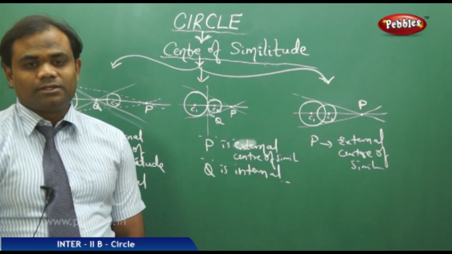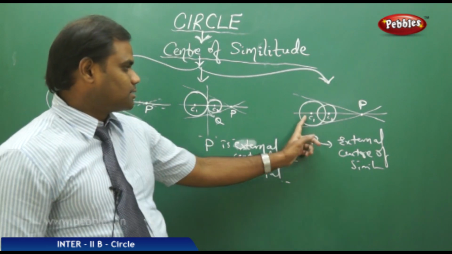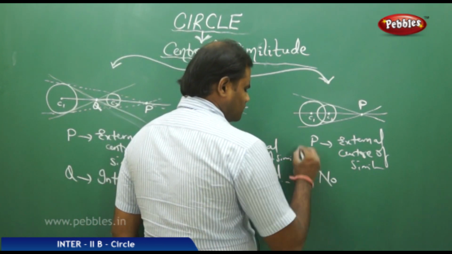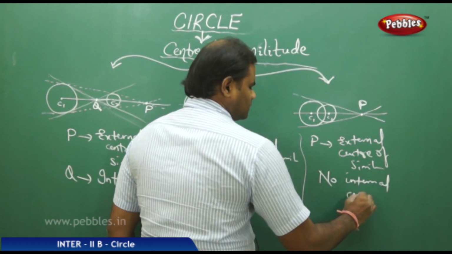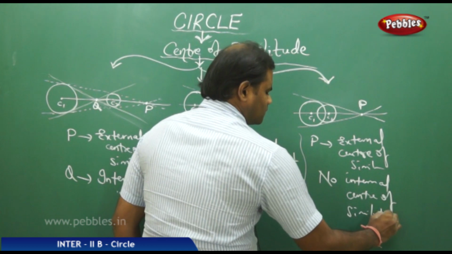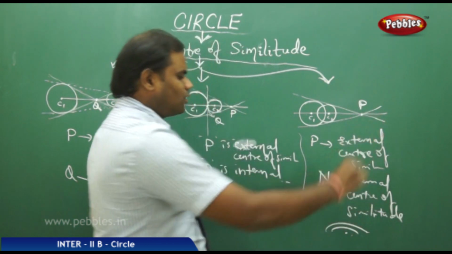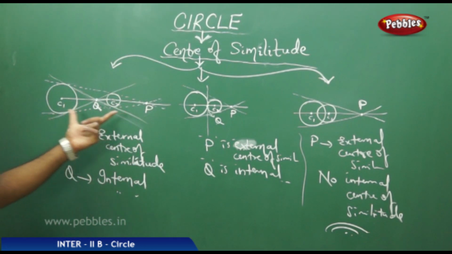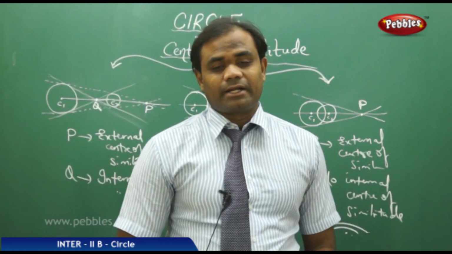But in this case, there is no internal center of similitude because no tangents intersect between the centers of the circles. This is how we understand the 3 cases of disjoint circles, touching circles and intersecting circles through the center of similitude.